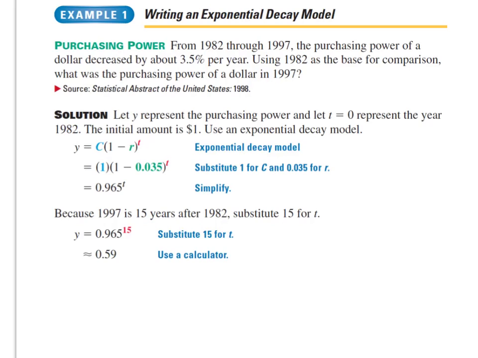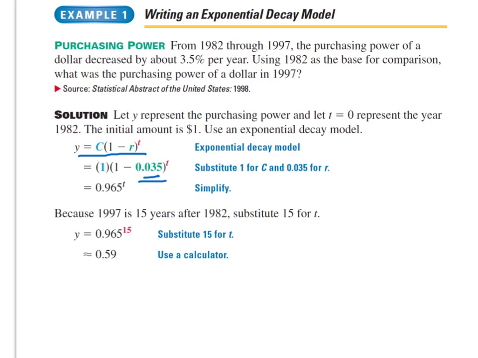Okay, so if you look at the solution, again, we're going to start with our decay formula. Y equals the initial amount, 1 minus r to the t. So the initial amount this time is just $1, and the decay rate is 3.5%, so of course you see the 0.035. And then we want the purchasing power in 1997, which is 15 years from t equal to 0.